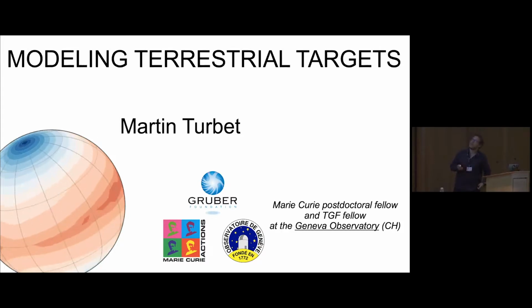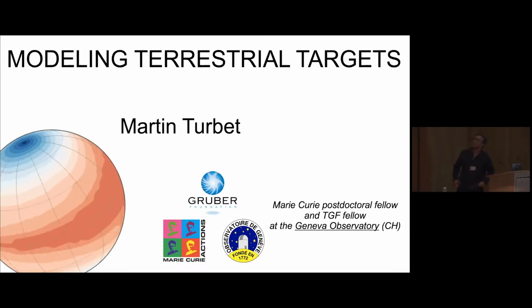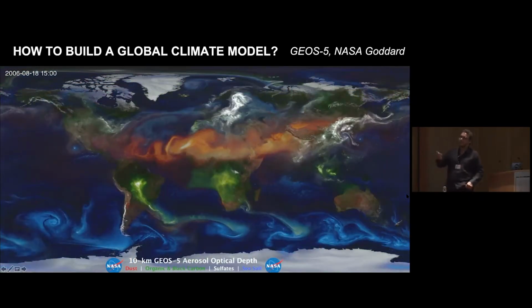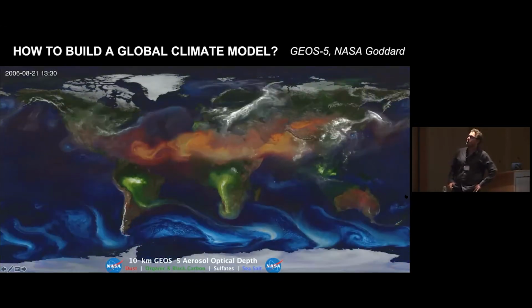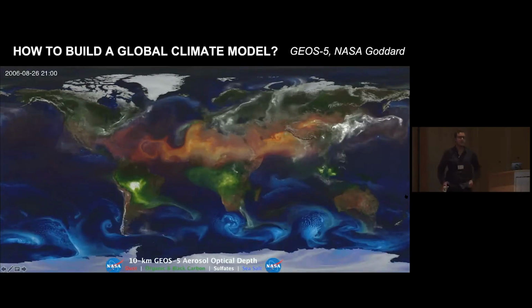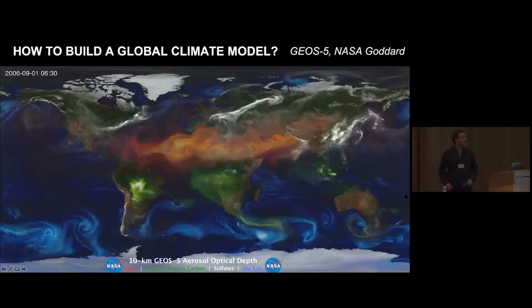I would like to start my presentation with this movie that has been made by some scientists from the NASA Goddard Institute, the GEOS-5 team, and that shows you the evolution through time in the atmosphere of the Earth of various types of what we call aerosols or particles, such as dust in red, carbon, sulfates, and sea salt, that are propagating in the atmosphere and that trace the air movements in the atmosphere of the Earth.